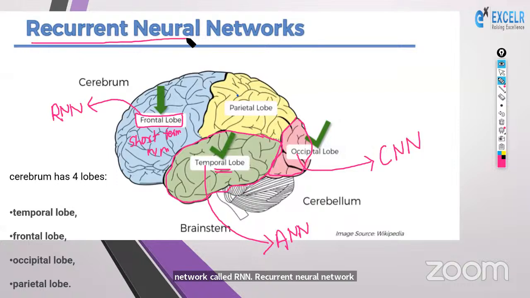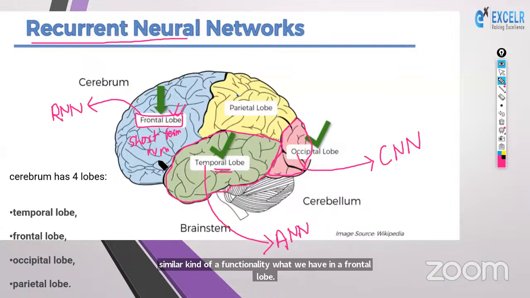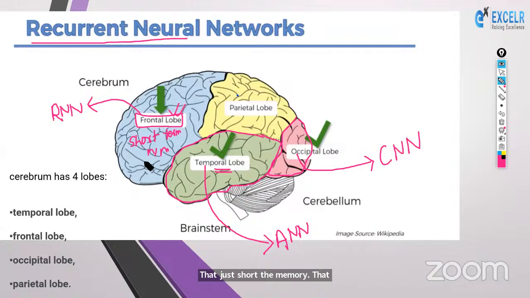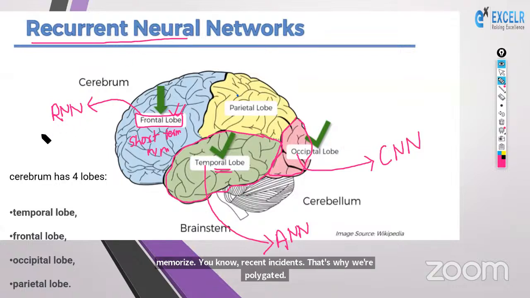So whatever architecture we have in the recurrent neural network, it has a similar functionality to what we have in the frontal lobe, that is short-term memory. That means it will try to memorize recent incidents. That's why we call it short-term memory, and a similar concept is being implemented in the RNN.